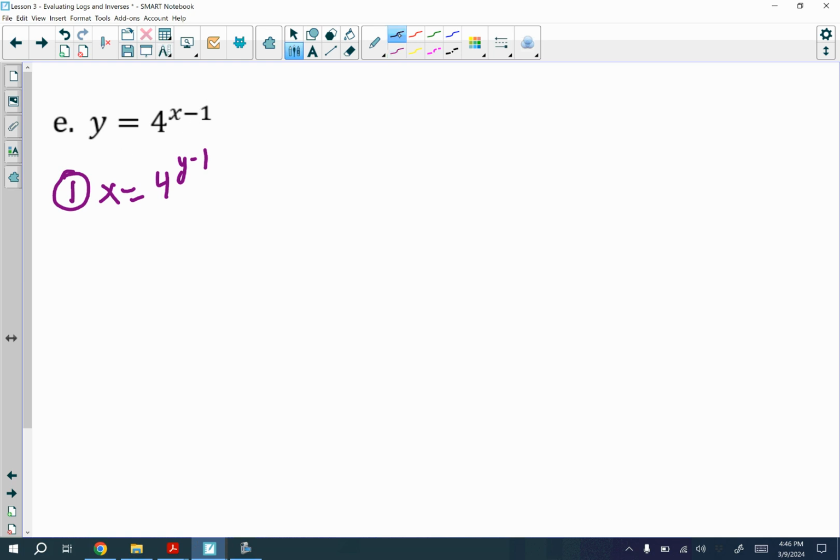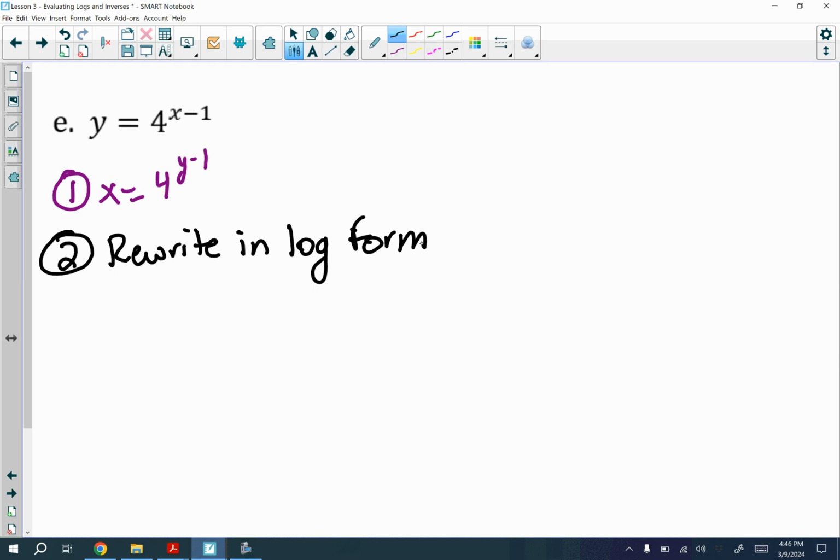Instead, I go directly to my second step of rewriting in log form. So as stated, this is where you're going to have to be careful of when do I move something before rewriting versus moving something after I rewrite. So when we rewrite, remember using our boy, I start with my base. My base is 4, so I have log base 4.